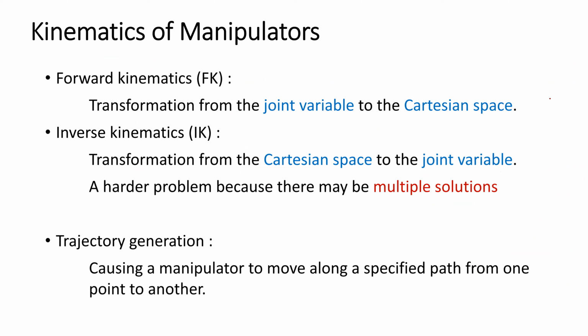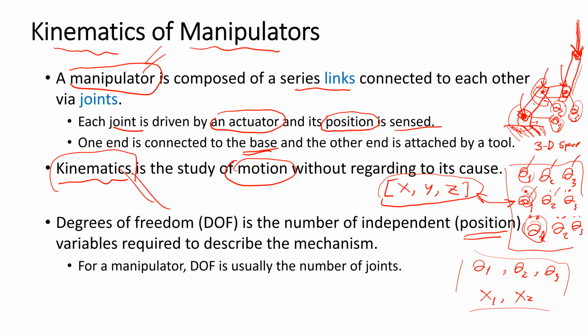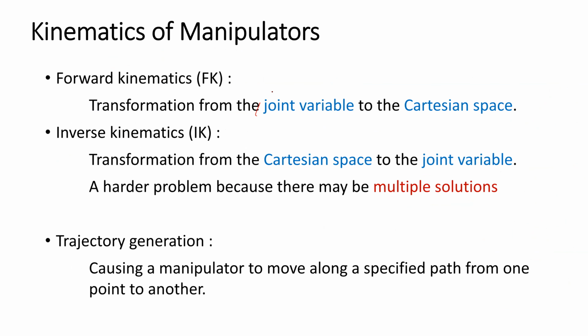And last week, I think you already heard about the forward and the inverse kinematics. The idea of forward kinematics is, if we know the joint angles theta 1, theta 2, and theta 3, the joint variables, how can we obtain the position at the endpoint or at any link of the robot in the Cartesian space?